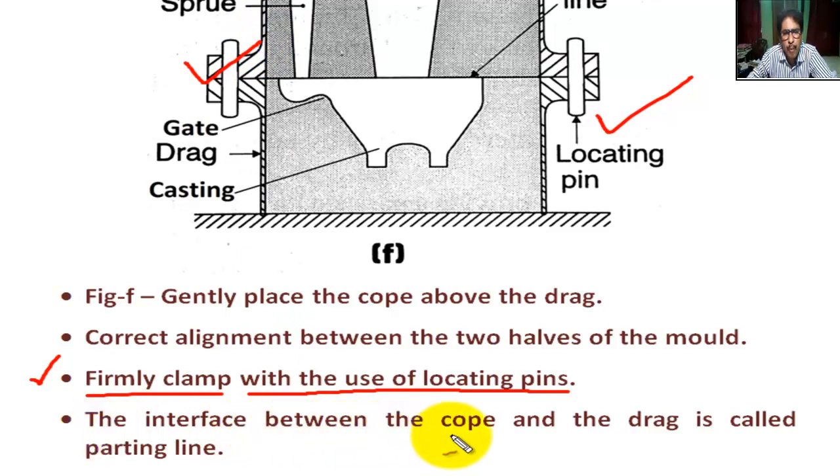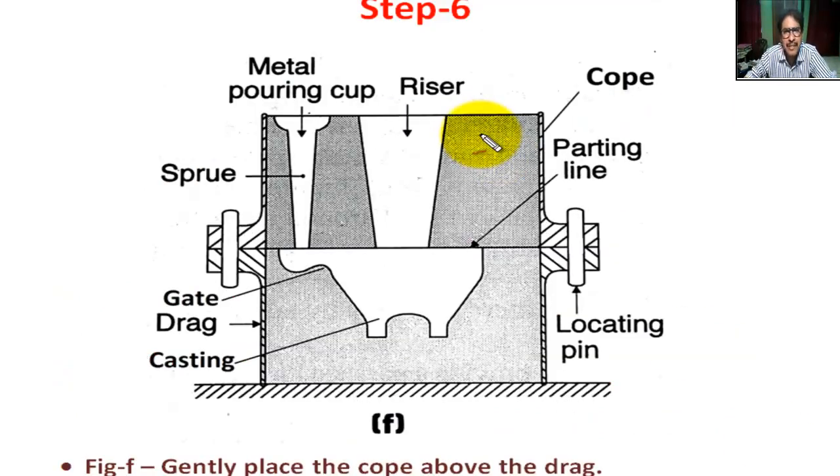The interface between the cope and the drag is called the parting line.